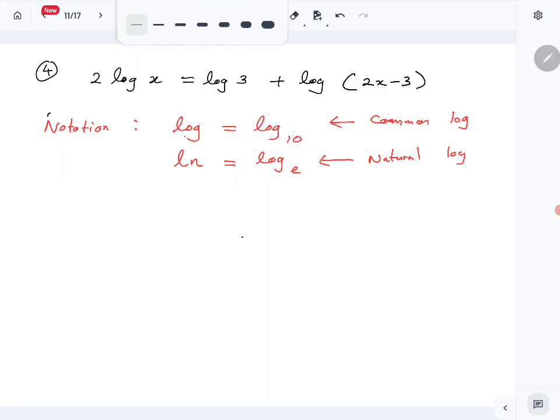So now, when there's more than one log term, you have to combine them into a single log term on both sides. So this side can combine to a single log term using your knowledge about log laws and properties.